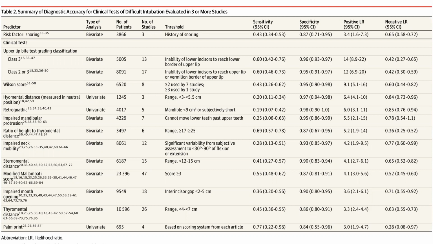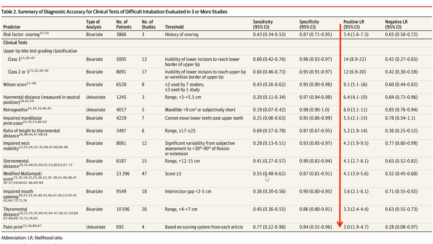So basically this table ranked the tests from the top to the bottom, again based on the positive likelihood ratio and specificity.